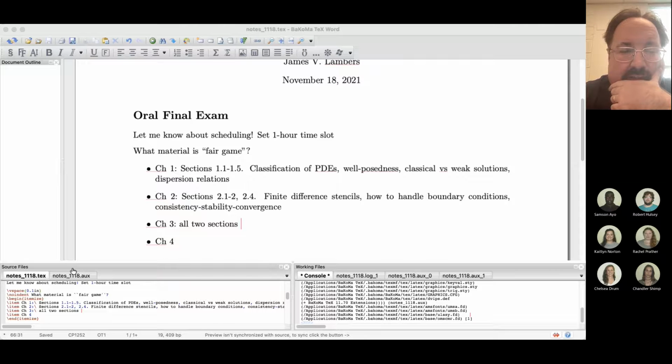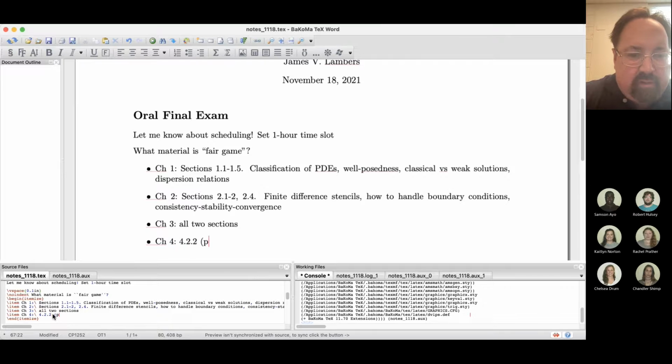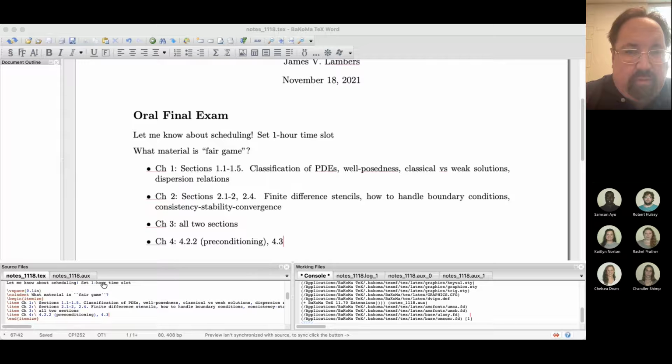Preconditioning. For chapter 4, the subsection of 4.2 preconditioning is of interest, and also 4.3, which is on the stationary iterative methods.